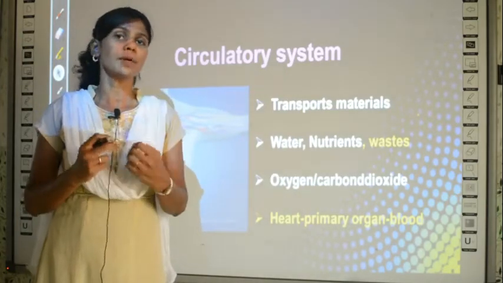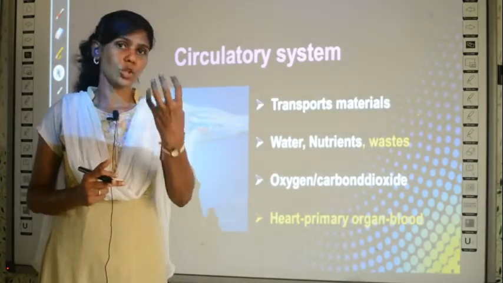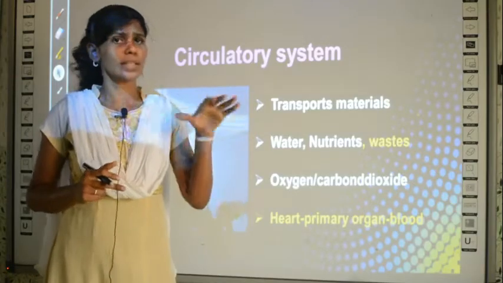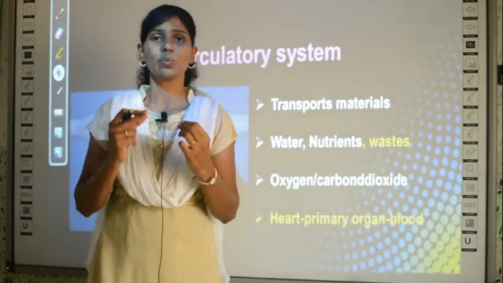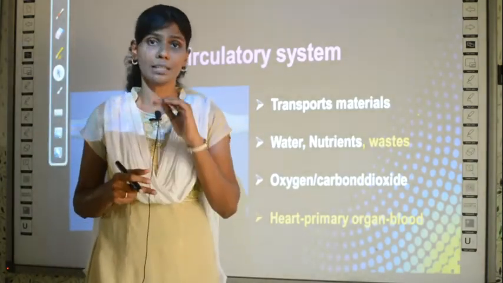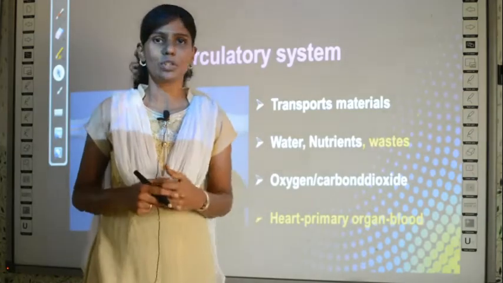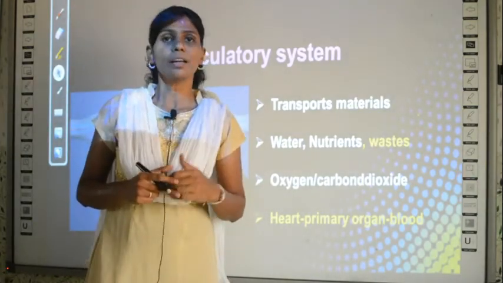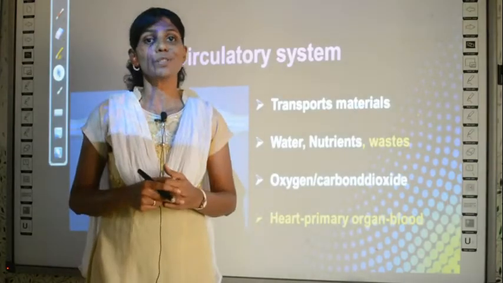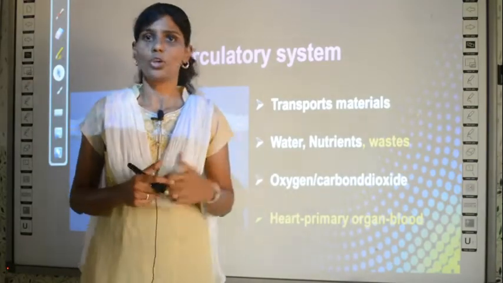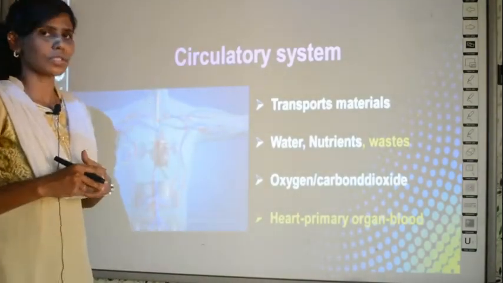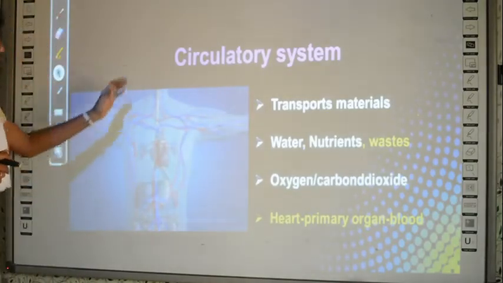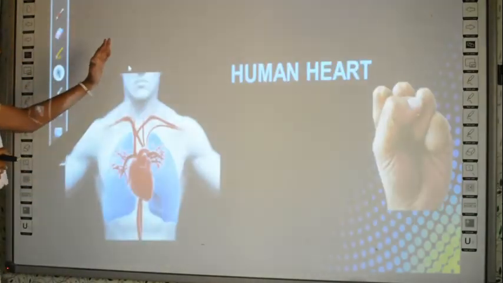So, the heart is the major organ responsible for the circulatory system. First we learn about the structure of the heart in this class, and then I am going to teach about the lymphatic system and other systems responsible for circulation in the human body, which are given in your textbook. So, let's learn the structure of the heart.